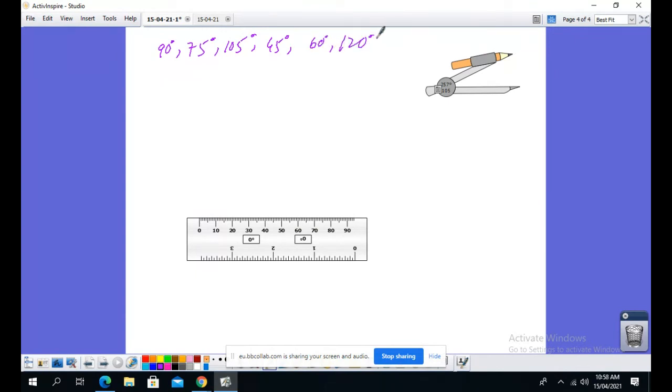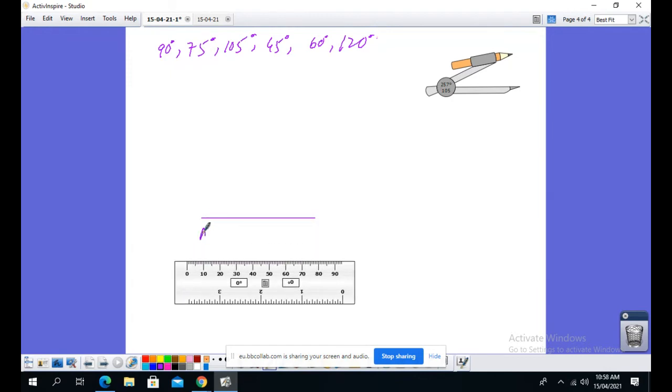Okay. For this purpose, we draw a line, say AB. We want to draw angle on B. We have to replace compass over here.